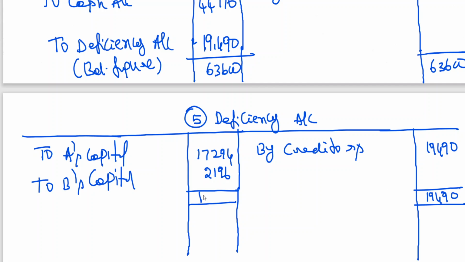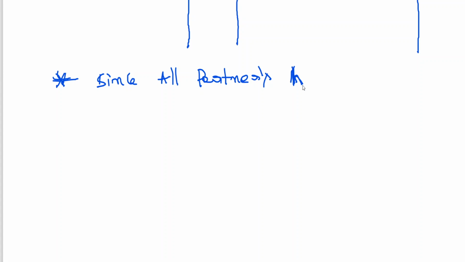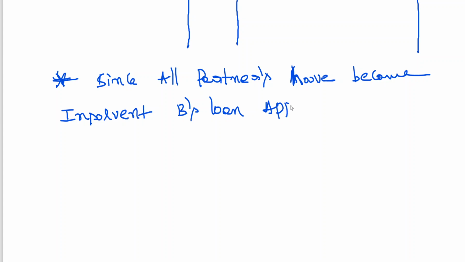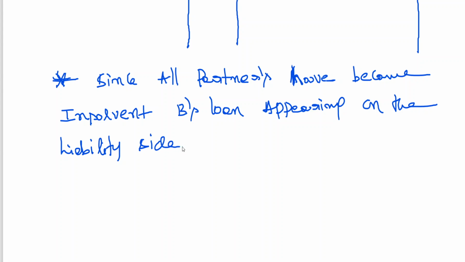So here I have already explained in the last class why I have taken up this problem. The important point in this is, since all partners have become insolvent, B's loan is transferred to B's capital account.